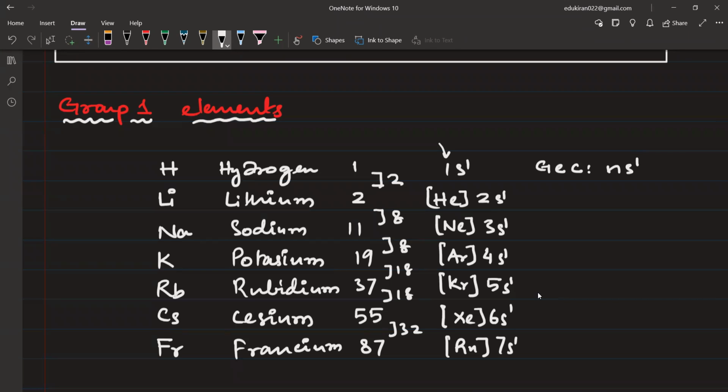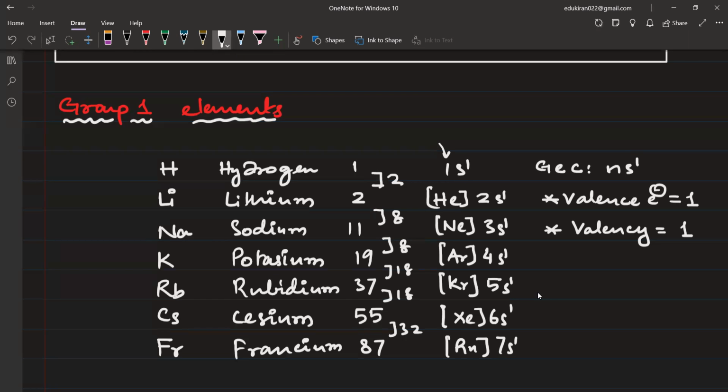And what is the valence electron? It is also equal to 1. And the valency is equal to how much? It is also equal to 1. So a group 1 element has 1 electron on its outermost shell, and its valency is also equal to 1.